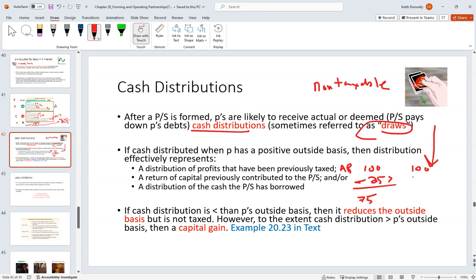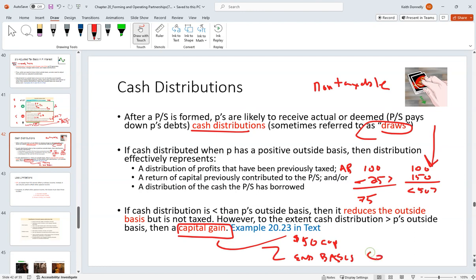Here you get a $150 distribution. Oh, $50 exceeds your outside basis. When that happens, the 50 bucks is going to be treated as a capital gain. And the other thing to be aware of here is your ending basis will be 0, right?